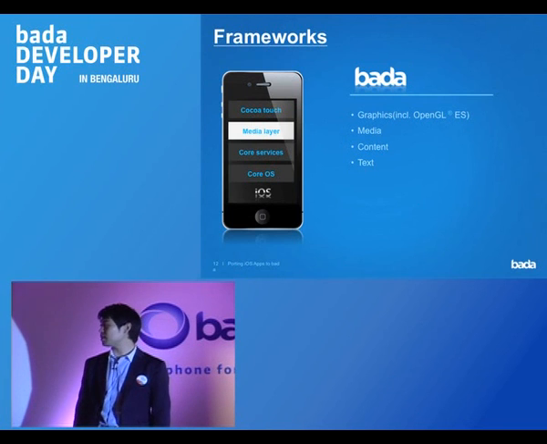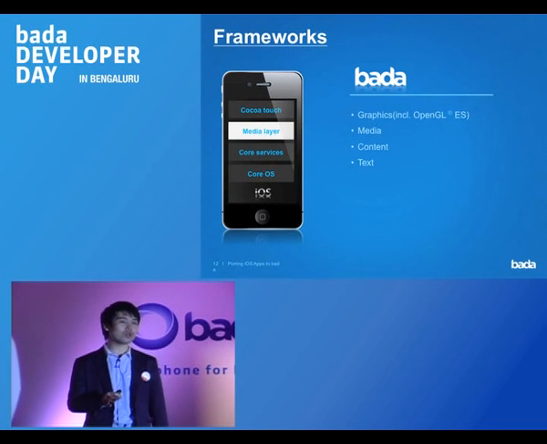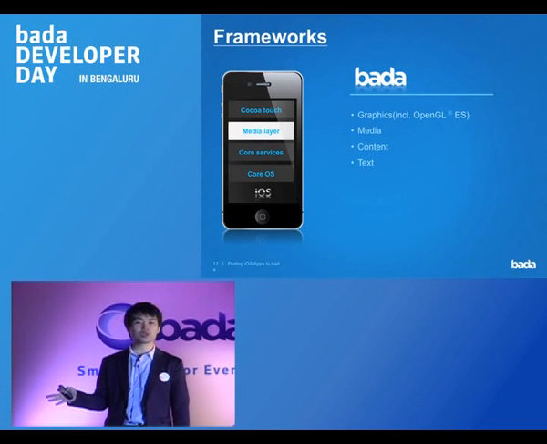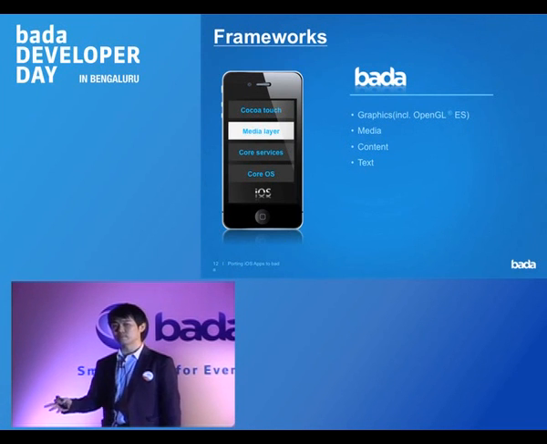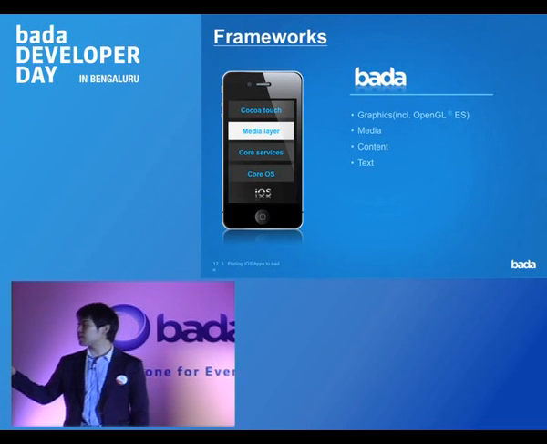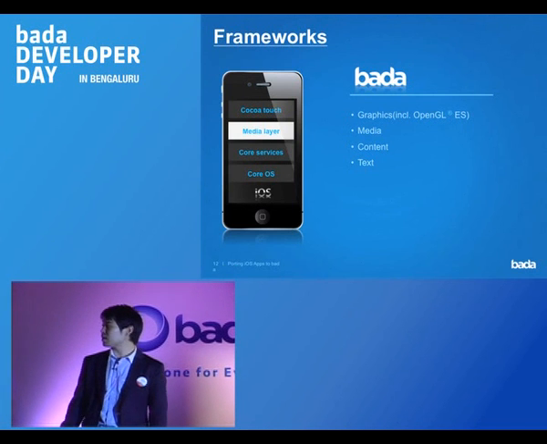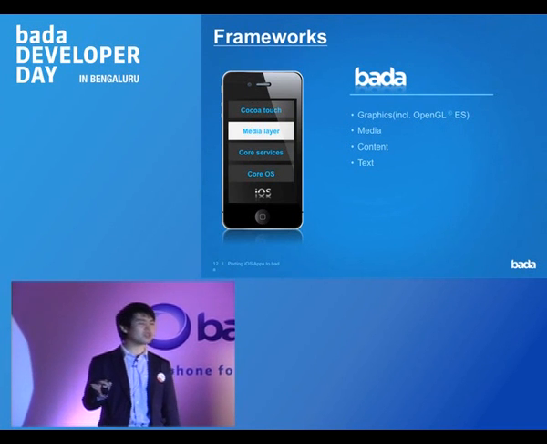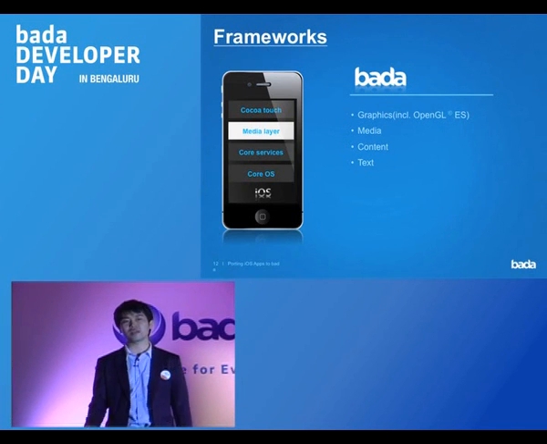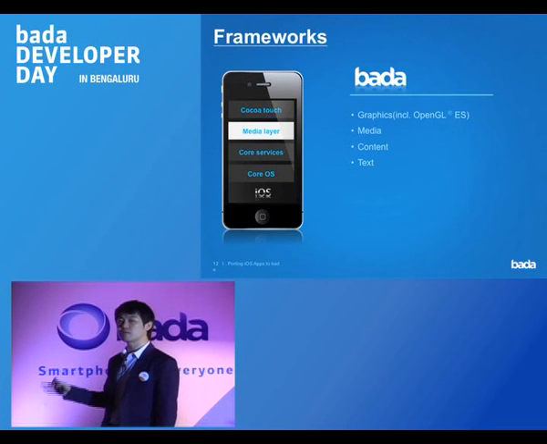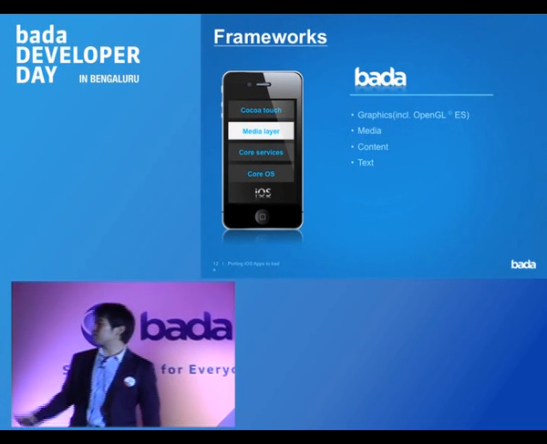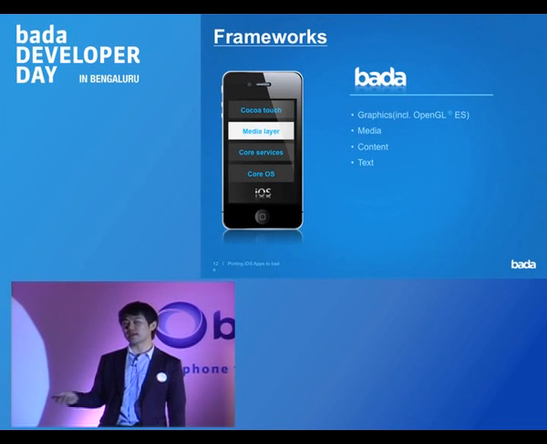If you want to handle the user's shared folder, like My Folder in a Samsung phone, as in iOS, that is in a media class. Content is covered in the content namespace. I think the media player framework in iOS is covered by the content namespace in bada. And the text class is a kind of text utility.